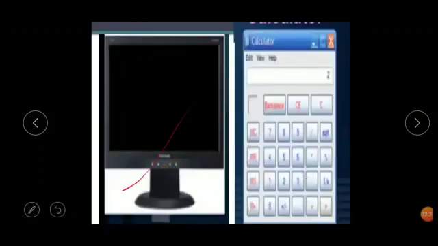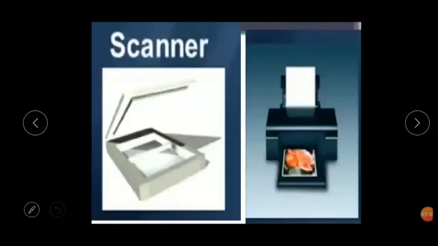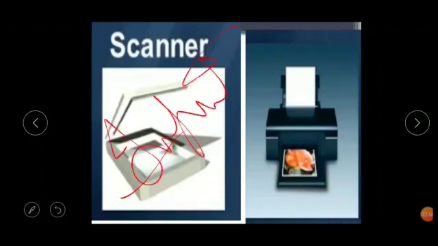Monitor, what is the work of a monitor? To give the result, so this is an output device. Calculator, we give the instruction, so this is an input device. Scanner is used to scan any picture or thing, so this is an input device.